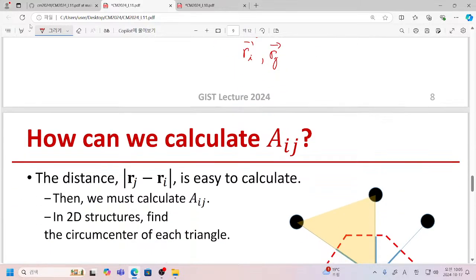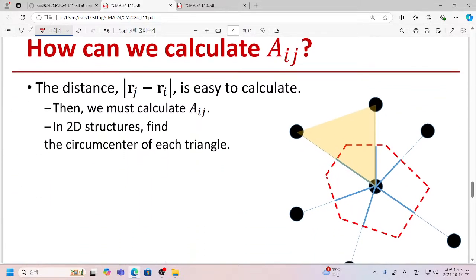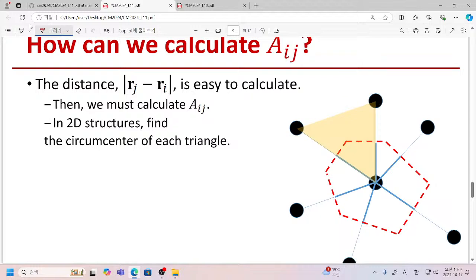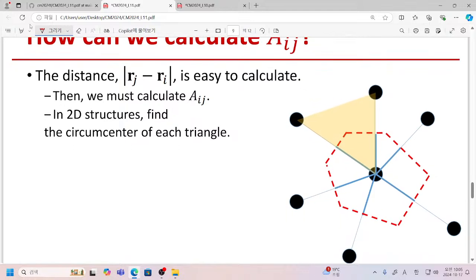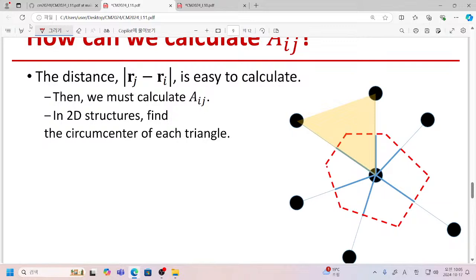Here I summarized how we can calculate A sub ij. As I told you before, distance itself is really easy to calculate, so the remaining task is the calculation of A sub ij.